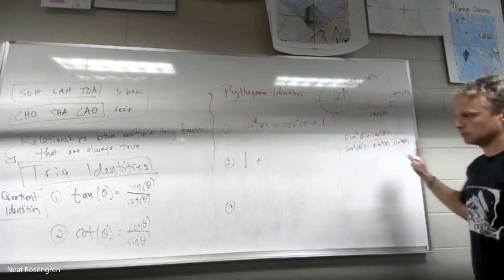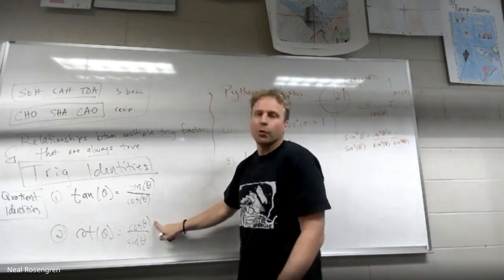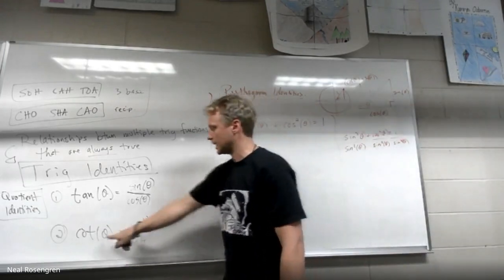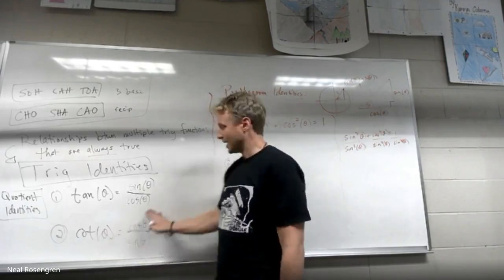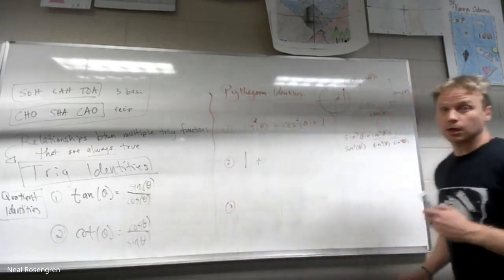Okay, well, let's back up a little bit. Just regular cosine over regular sine is cotangent, right? We figured that out, right? That was a really nice quotient identity.